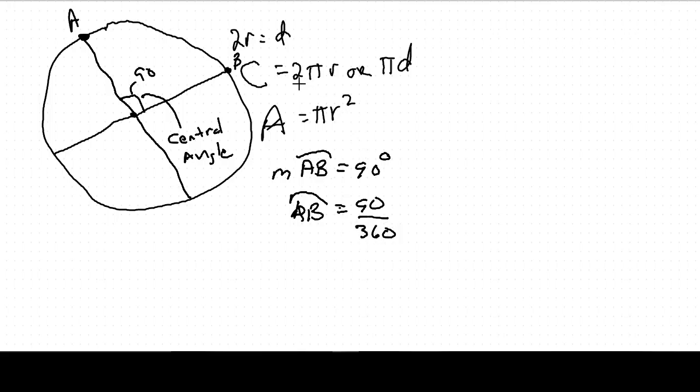And then you multiply it by this circumference formula. So you're going to write 2 pi, and then I'll make this radius 4. So it'll be 2 pi times 4. That gives you the actual arc length. So this is arc length.